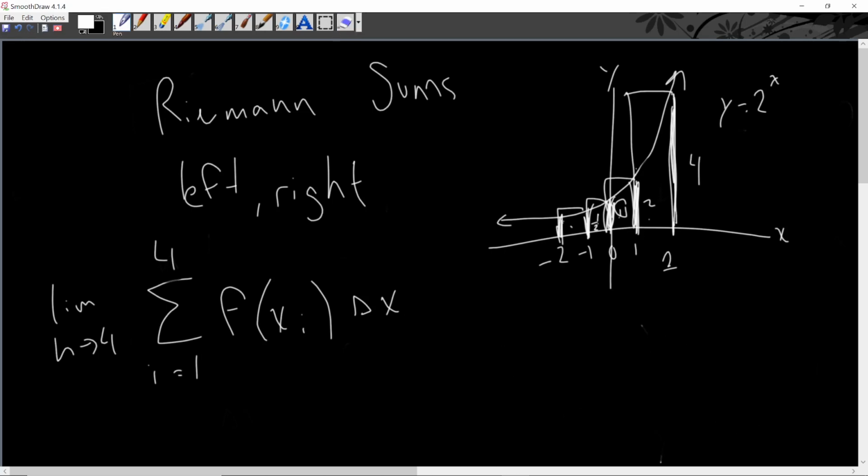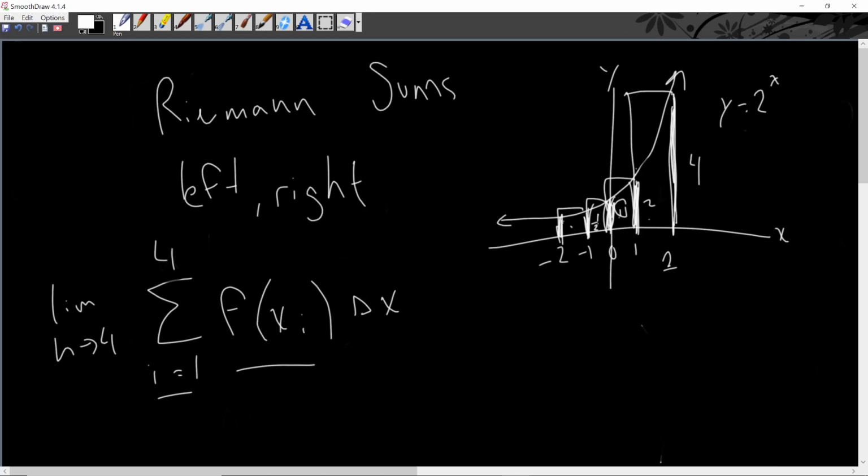So we have the sum of 4 subintervals, i equals 1. This can also be seen as x sub i plus 1. You can write it in proper notation if you like, but it doesn't matter too much for the idea that we want to understand, and that is f of x i.